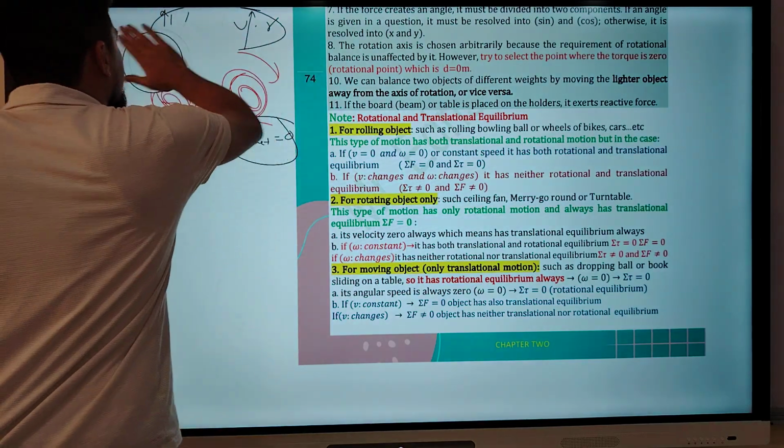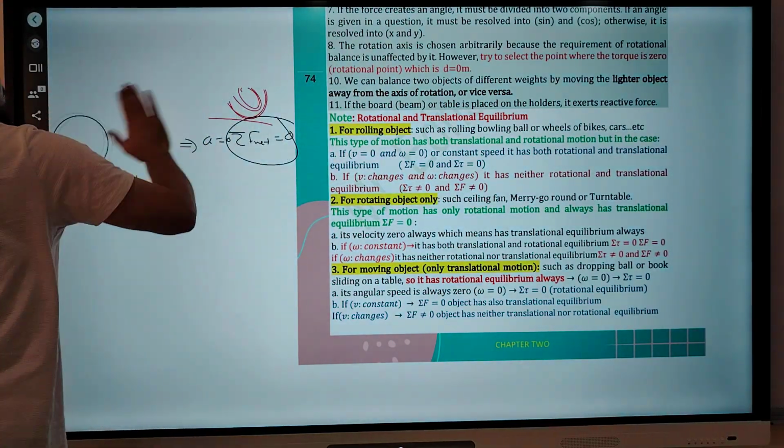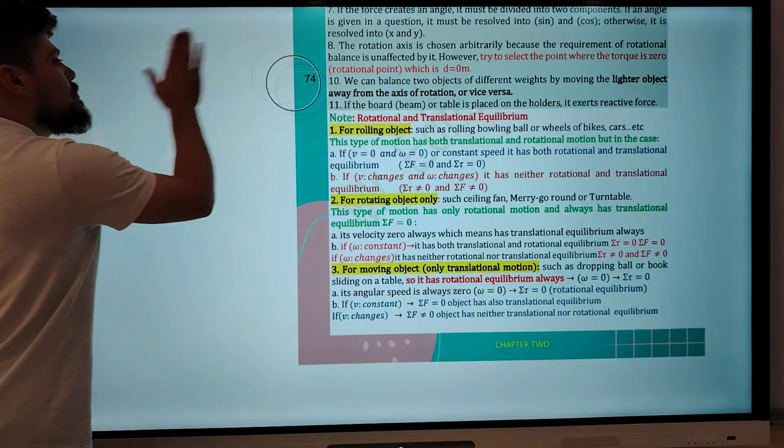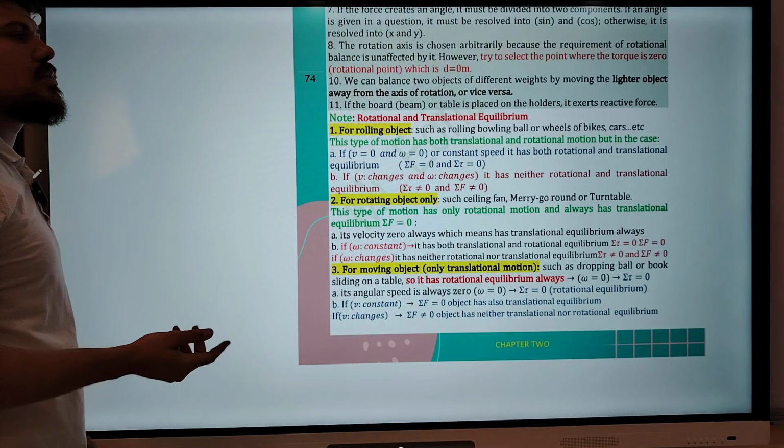Okay? The second case is for an object that has both types of motion.